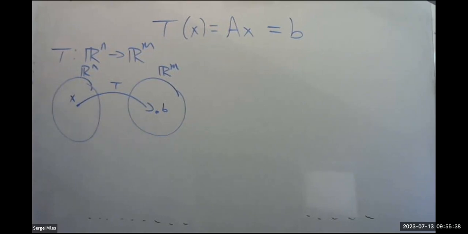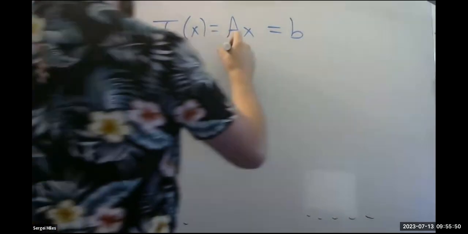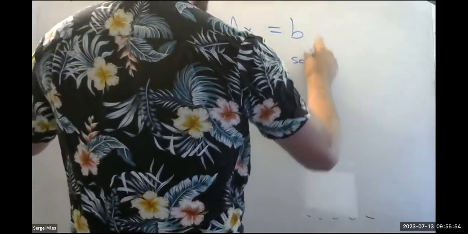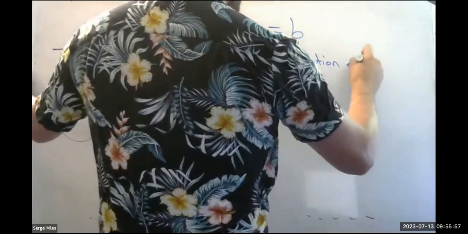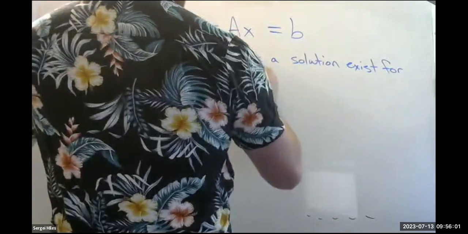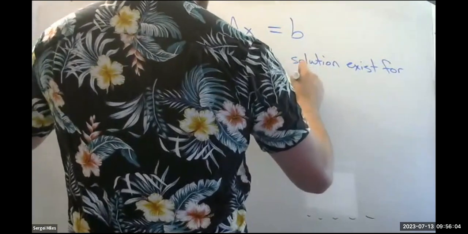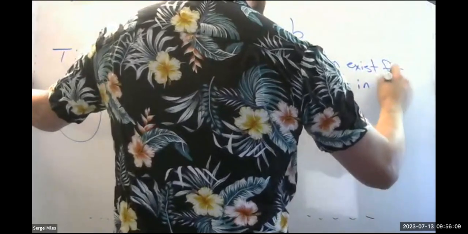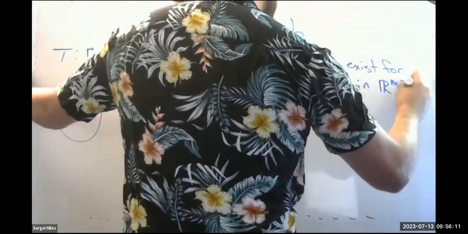All right. We have this idea here, right? Now, one thing we might like is, do we have a solution for all possible B? Does a solution exist for all possible B in the codomain Rm?